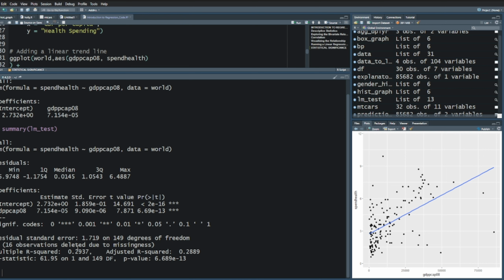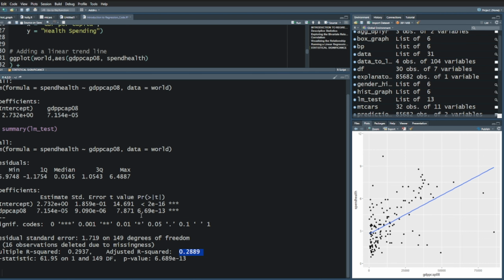So our adjusted R squared here is 0.28, and it's also telling us that our model only explains about 29% of variations in our outcome variable. So your R squared is always important before you jump to conclusions and say, well, I found statistically significant results that help me accept my alternate hypothesis. You should pay attention to your R squared because it really tells you whether your model has some statistical power or not.